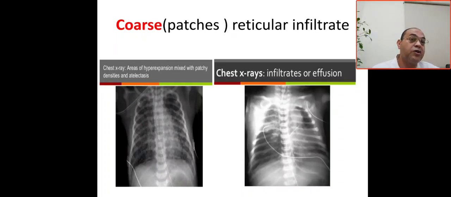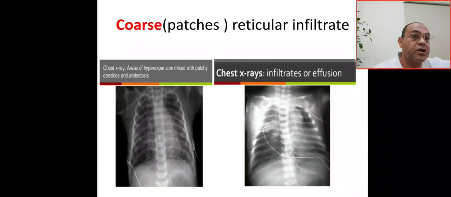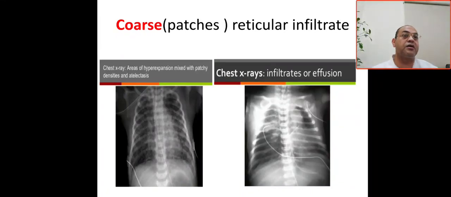Also the fluid: pleural effusion is common with pneumonia, called parapneumonic effusion or empyema. But in meconium, the common complications are PPHN and pneumothorax. In your mind, pneumonia means effusion.